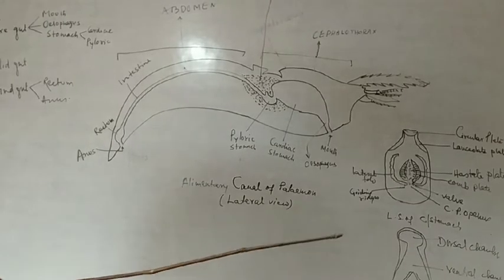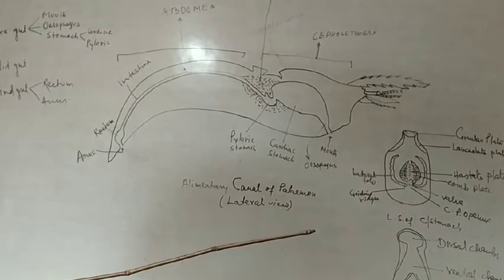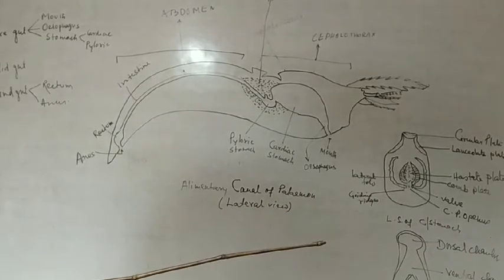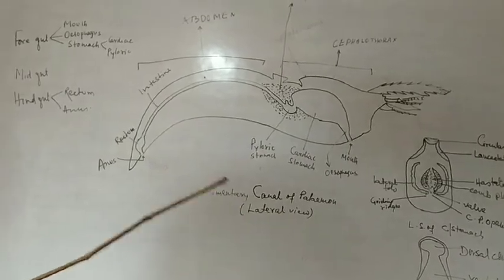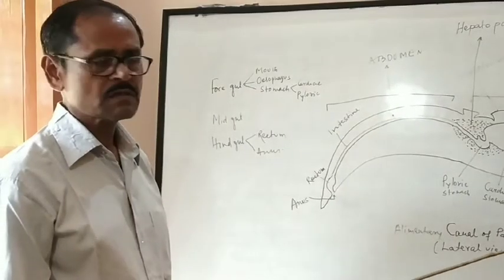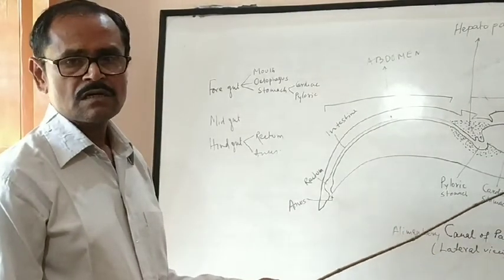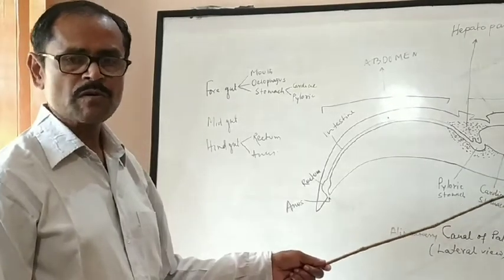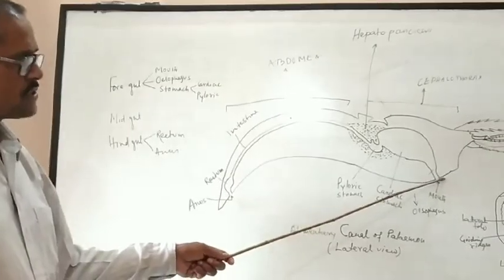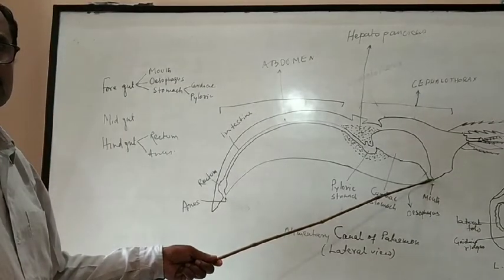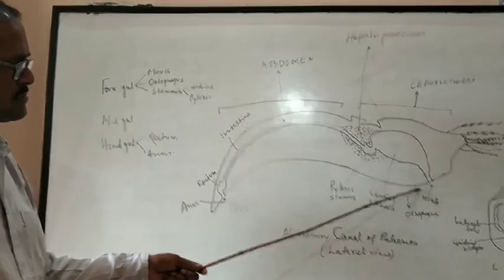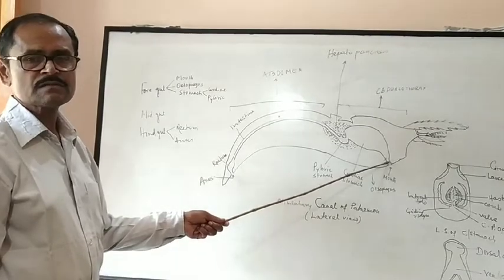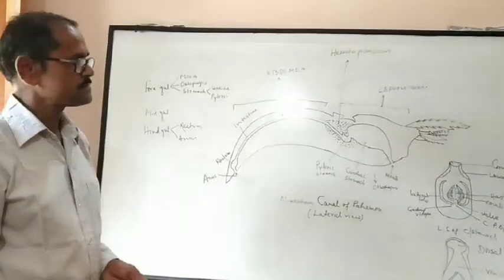That means it feeds on all: insect larvae, mollusks, some vegetation, zooplanktons, phytoplanktons, etc. Food is ingested through the mouth, and the mandibular plate present on the mouth parts masticates, chews the food particles, and it comes into the stomach.